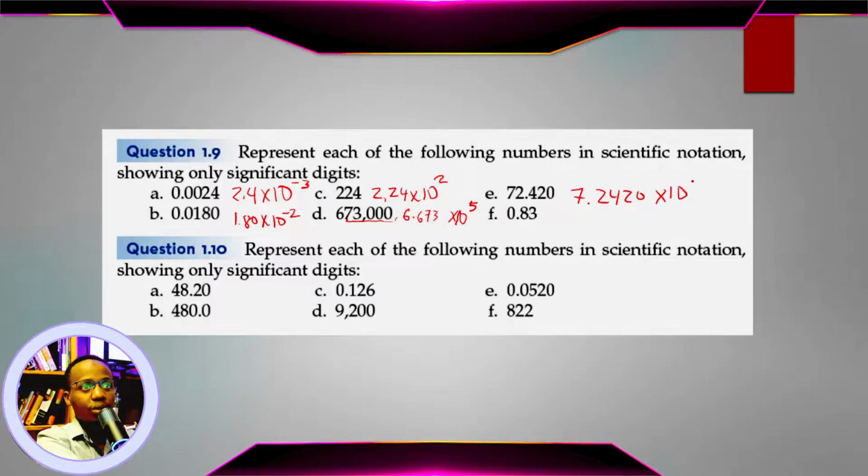We moved it 1, so it's 10 to the 1st. Okay. How about this one? This one is below 0, so we move it this way. So it's 8.3 times 10 to the what? We moved it once, so it's -1.